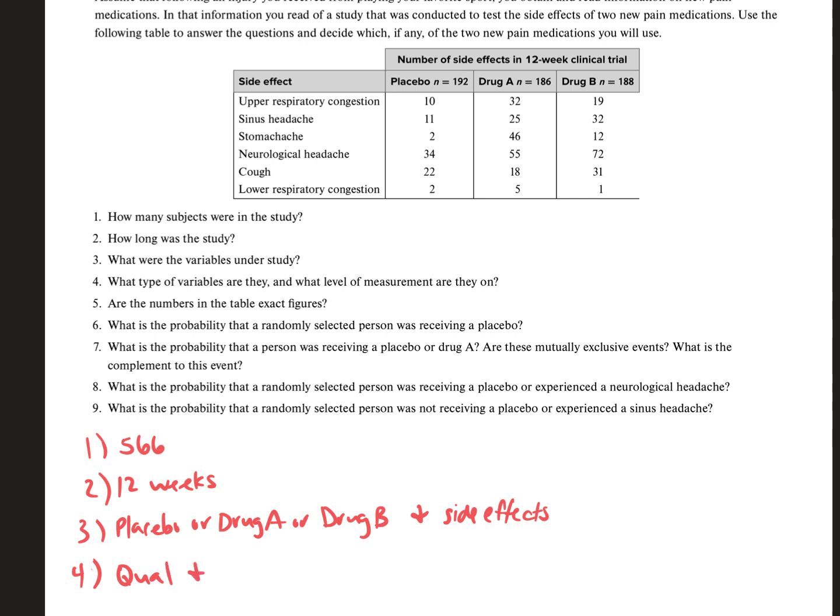This is the one that you might not remember. Nominal, ordinal... nominal, because I'm counting things. While you need to remember qualitative, quantitative, I won't ask the other. Just know that. But it's still good to review.